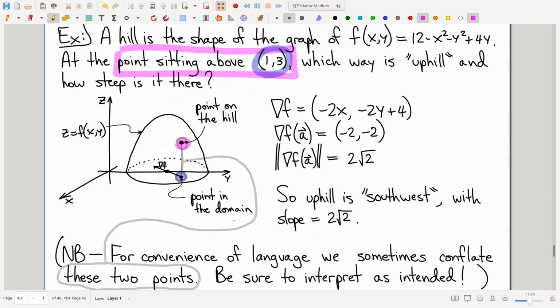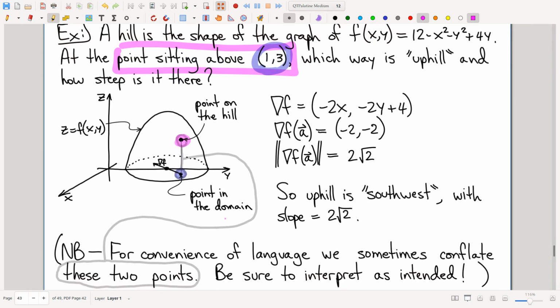That's the first observation I want to make: heads up for this annoying sort of distinction that we have to worry about. When you're looking at graphs, there's a distinction between the point on the graph and the point in the domain that gives rise to that point on the graph. They are different things. But even though they're different, it's very convenient to talk about your location on the surface of the Earth with just longitude and latitude, just map coordinates.